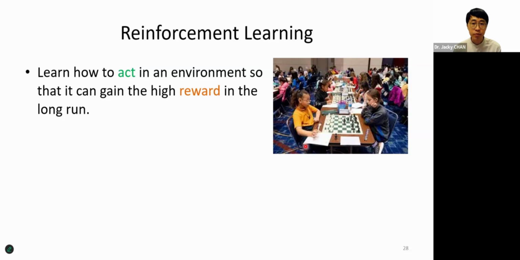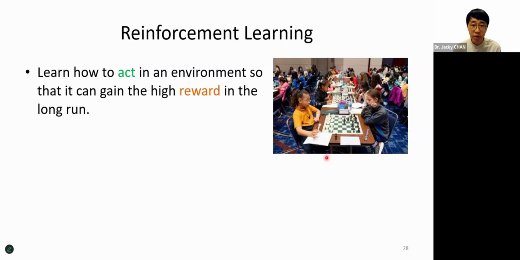Just like when you learn chess, you play it with different people many times, and gradually you will learn better moves. Based on whether you win or lose, you will find out that this kind of move can help increase the chance to win, and then you will do it.